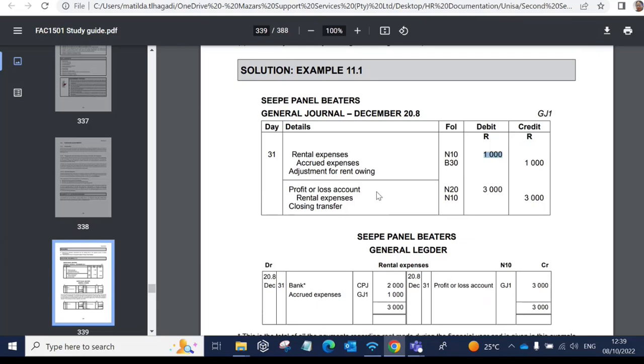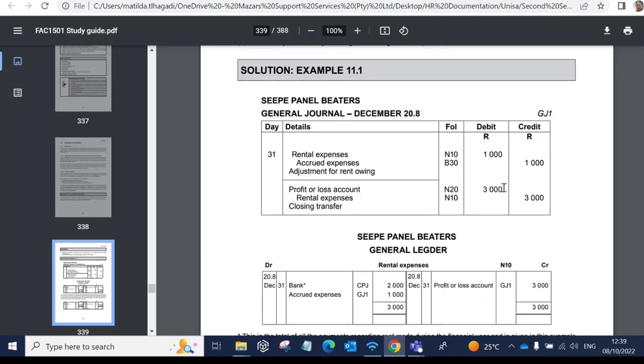So do you know what a profit or loss account is? Yeah, that is where we're going to determine whether the company made a profit or a loss. Yes. So a profit and loss account is basically income less expenses. You're right when you say it's the account whereby they move all the income and expenses, to determine if they made a profit or loss. So in this case, can you see that closing transfer?